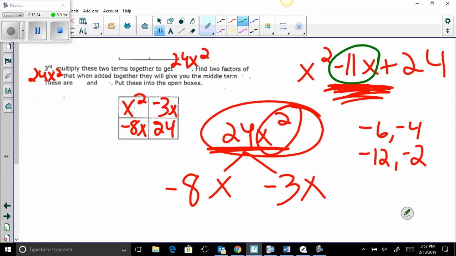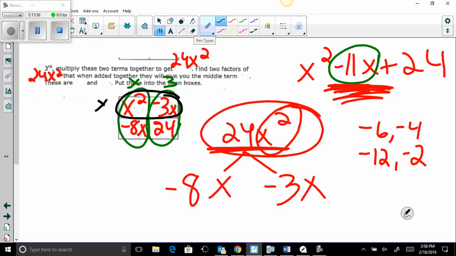Go ahead and find the GCF of every row and every column. What is the greatest common factor between that column? It is x. What's the greatest common factor here? They both don't have a negative, so we can't take it out. The greatest common factor is 3. Check this row.